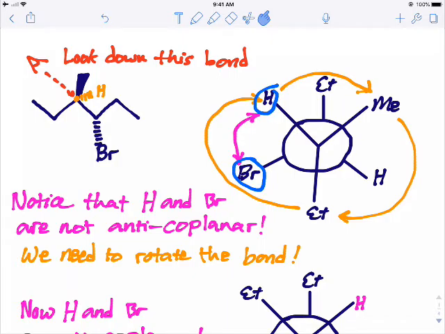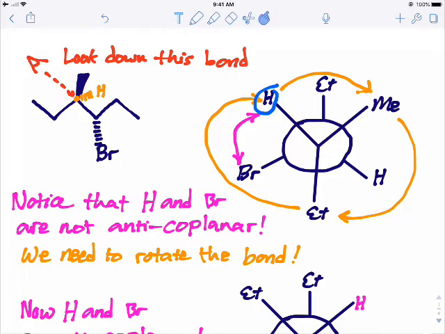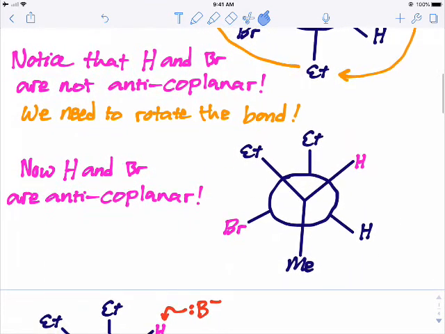So as you see in these orange arrows, we're going to take the hydrogen and rotate it to where the methyl group is. Then we're going to take the methyl group and rotate it to where the ethyl group is. And we take the ethyl group and rotate it to where the hydrogen is. If we do that, this is what we get.